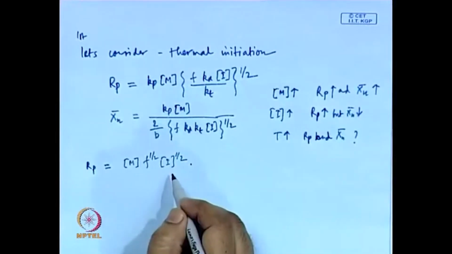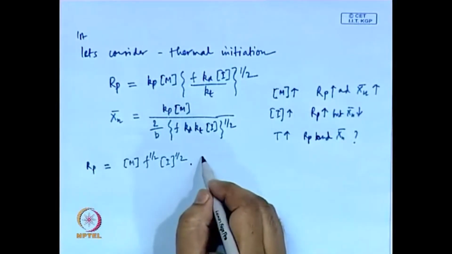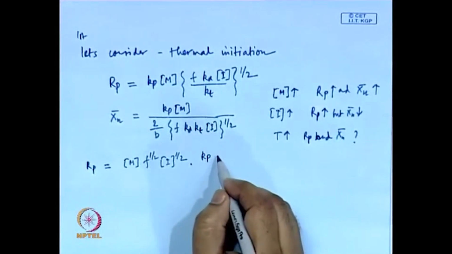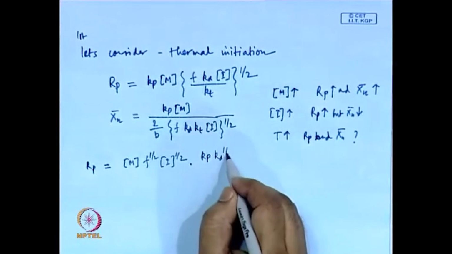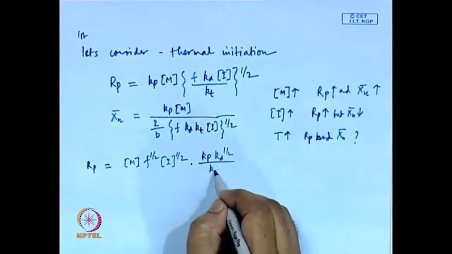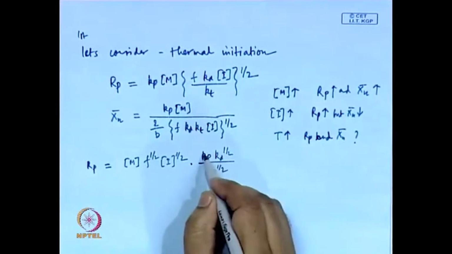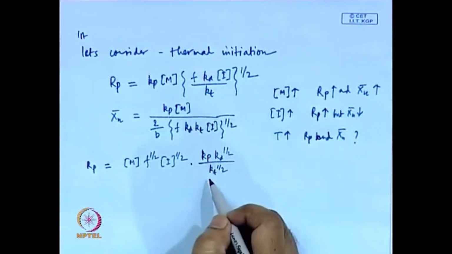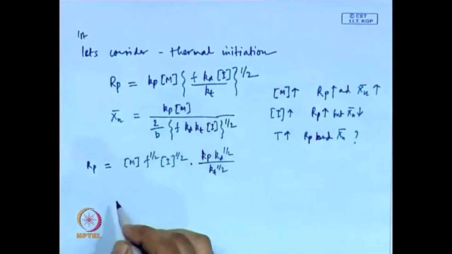The other terms, the rate constants Kp, Kd to the power half and Kt to the power half, will definitely depend on the temperature of the reaction.